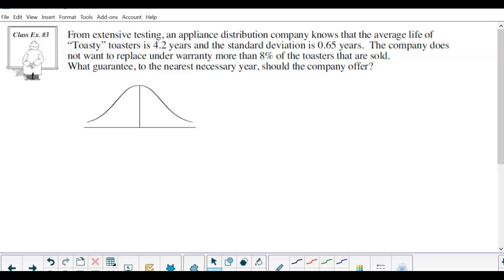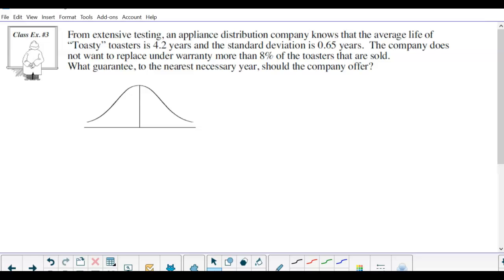Okay, so they want to know, of the lifespan of a toaster, what the time period is for the lifespan of toasters in the lowest 8%. We don't want to go any higher than that.